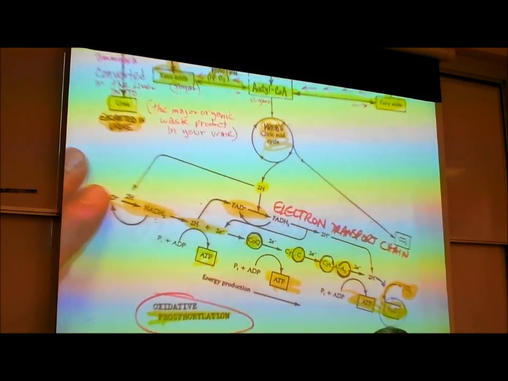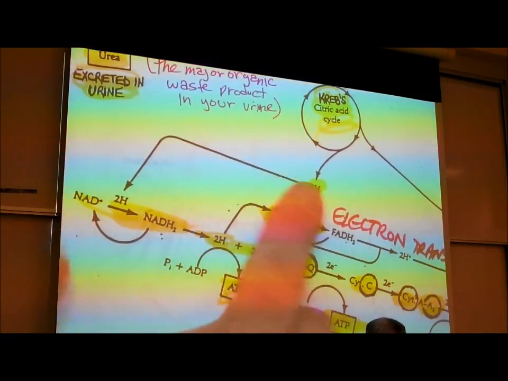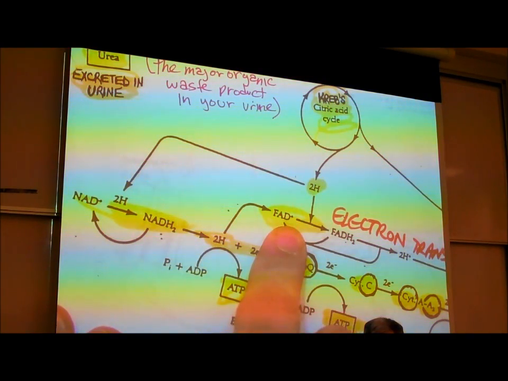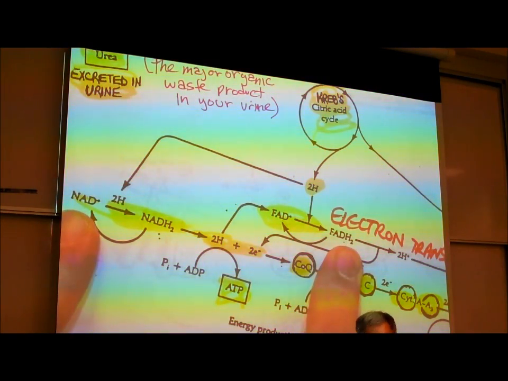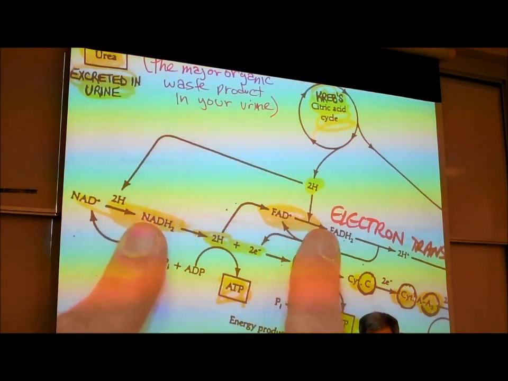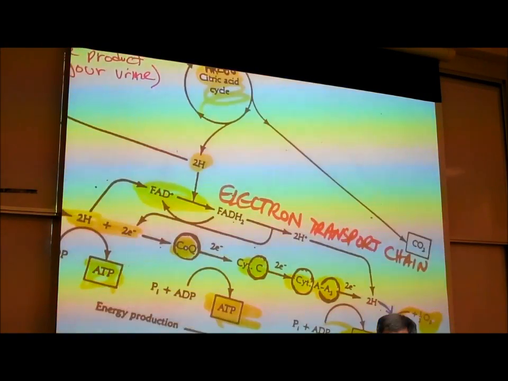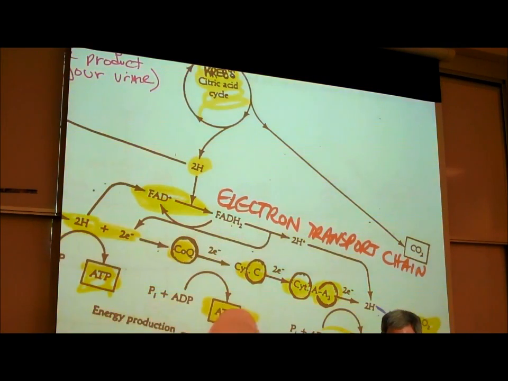Now, these hydrogens are picked up primarily by NADs, forming NADH2s, but to a lesser extent by FADs, forming FADH2s. Right? NAD is niacin, FAD is riboflavin. The last series of reactions is called the electron transport chain, or electron transport system.